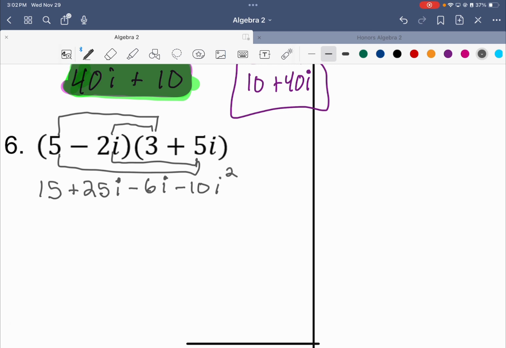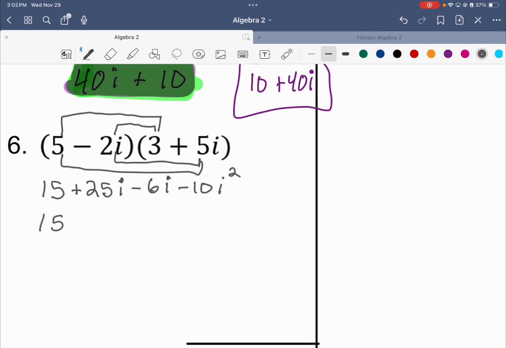Okay. Now we got to combine like terms. So we've got 15 plus, we've got 25i minus 6i, 19i. That's plus 19i minus 10i squared. But what can I change i squared to? I can change i squared to negative 1.